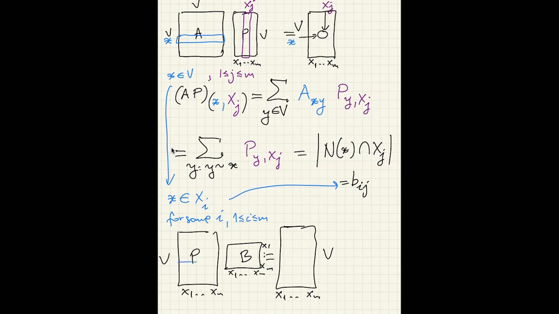So we do the same: we take a row X here, and we do the dot product of the row of the matrix P with the column Xj here. That's how we get this entry here in the position of Xj and X.